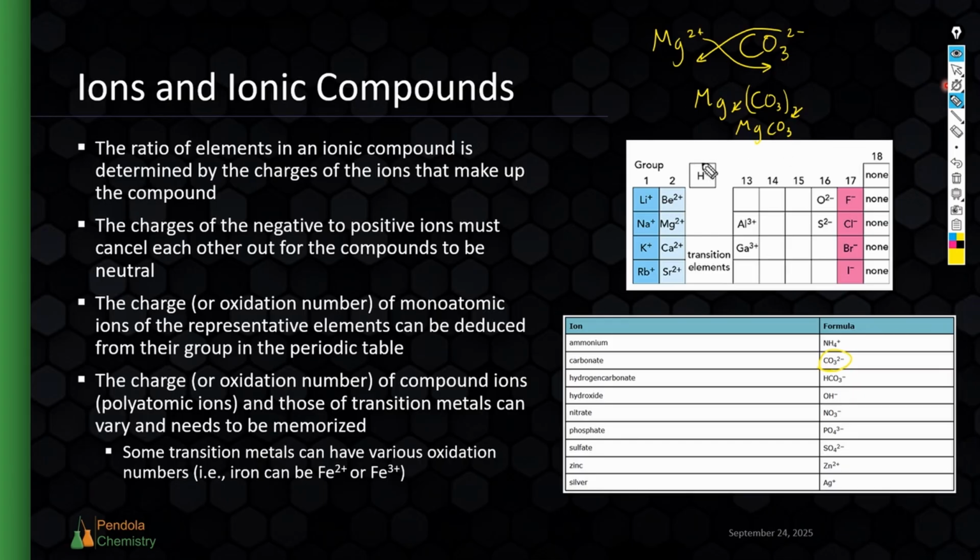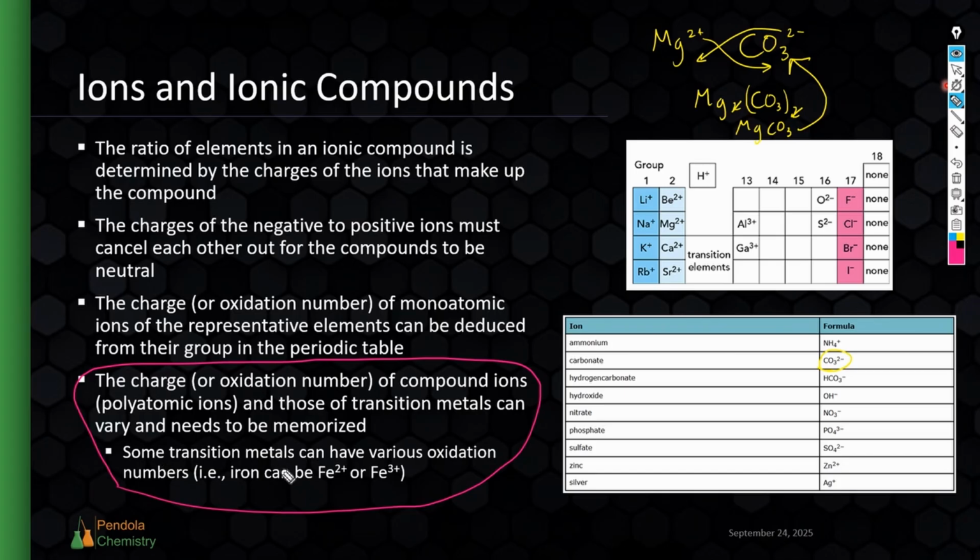And we should also be able to do this backwards. If I'm looking at magnesium carbonate, I should be able to follow this logic backwards to arrive at the ions that I used. This is going to be especially important because some of the elements, and we can see down here, are going to have variable ions.